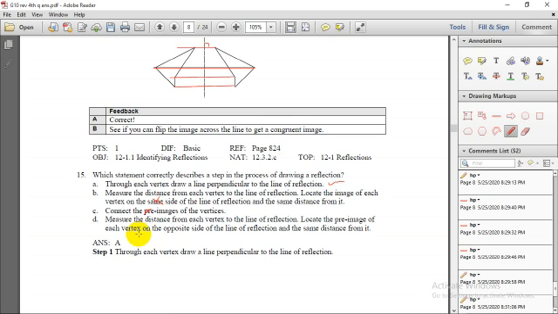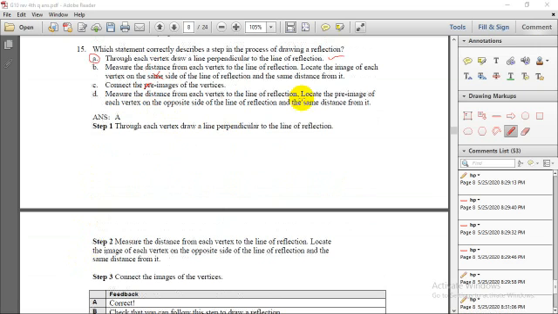Of course not. So what is the right answer? It will be A. Here we're not locating the pre-image; the pre-image is already located. We're going to locate the image. So D is not the answer, A is the answer.